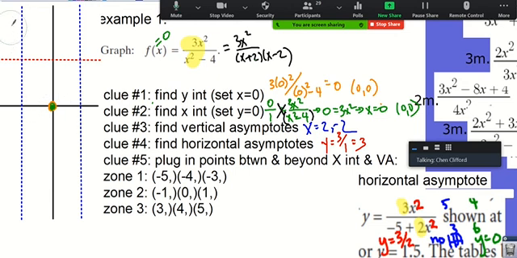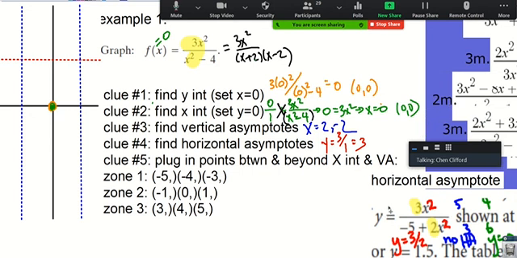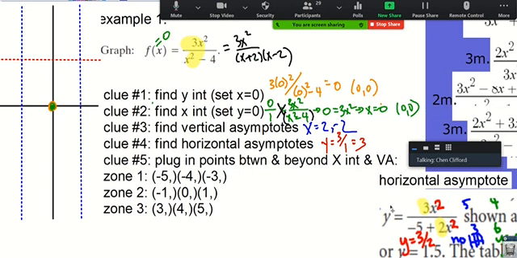Now, here is where I really want you to pay attention. This part is actually not hard. I can in theory teach this next concept to an IM1 student. I don't even think it's that hard. Now, zones. The zones are created by your vertical asymptotes. So watch this.